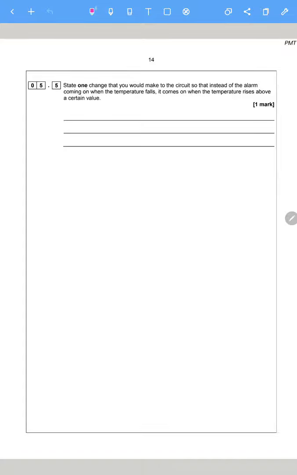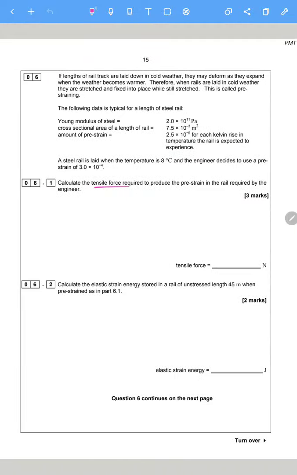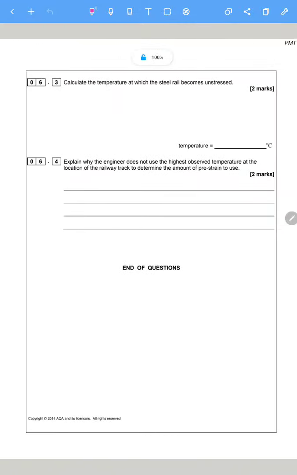Calculate. Oh, for God's sake. Well, there's no way of me doing it. I still have half an hour, might as well finish this one.